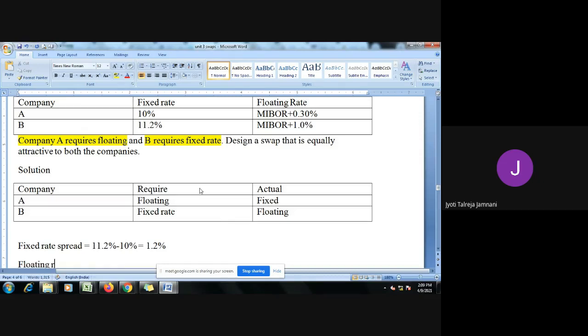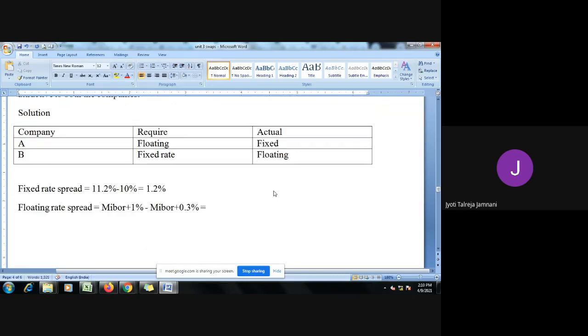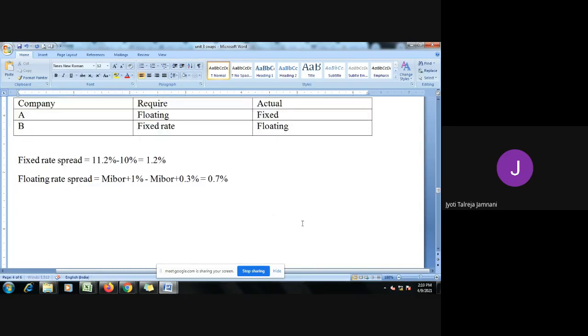Floating rate spread: MIBOR plus 1% minus MIBOR plus 0.3%. So we'll get 1% minus 0.3%, 0.7% is the floating rate spread.